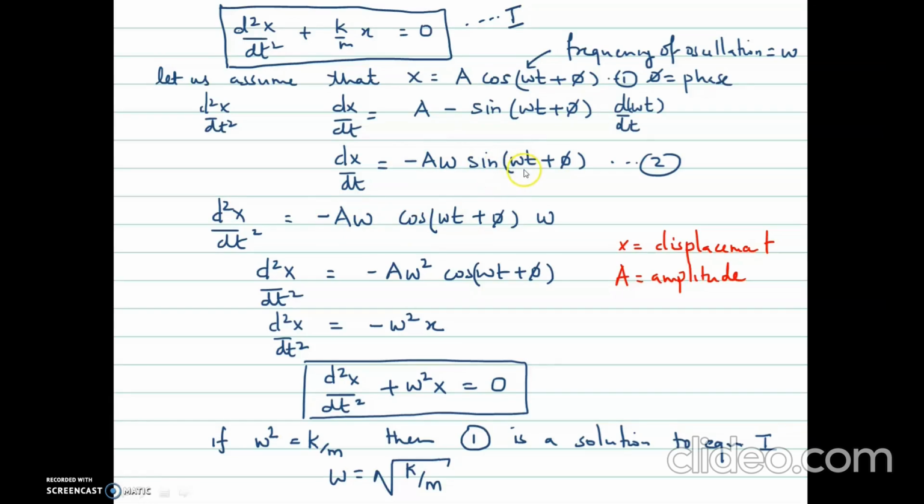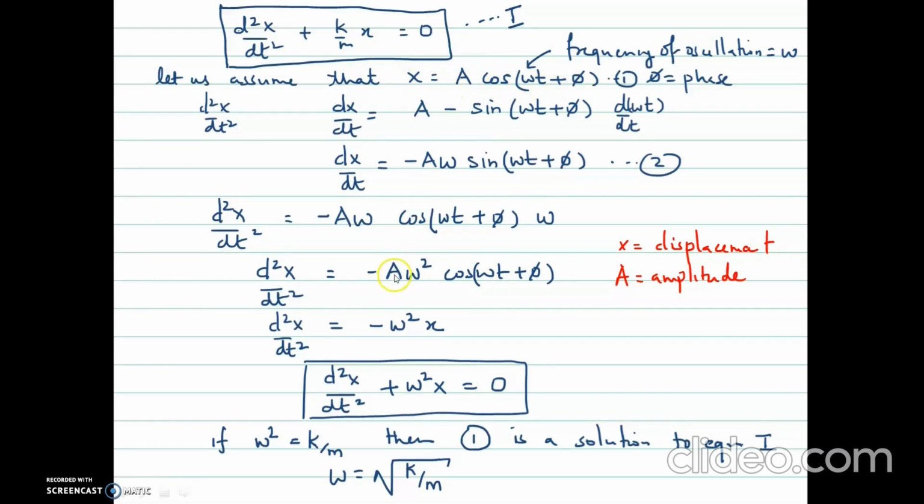So the derivative of a sine function is just a cosine function with a positive sign, and then you have to take the derivative of the inside argument. So you again get a value of omega from the derivative of this term. So what you get is d square x by dt square is equal to minus A omega square times the cosine function. Okay, but we know that A times the cosine function is just x.